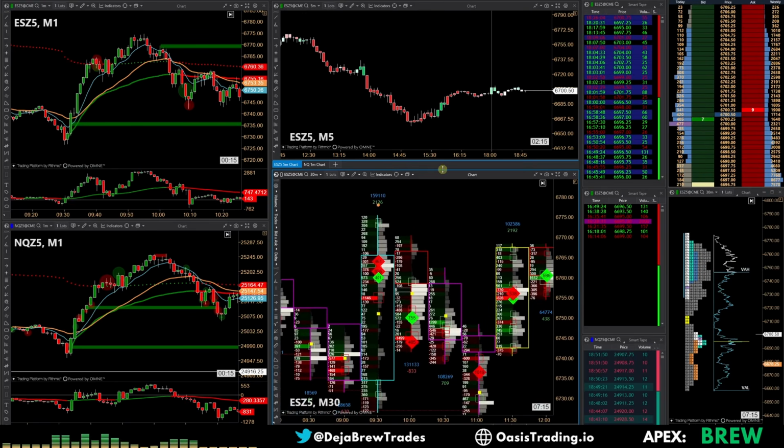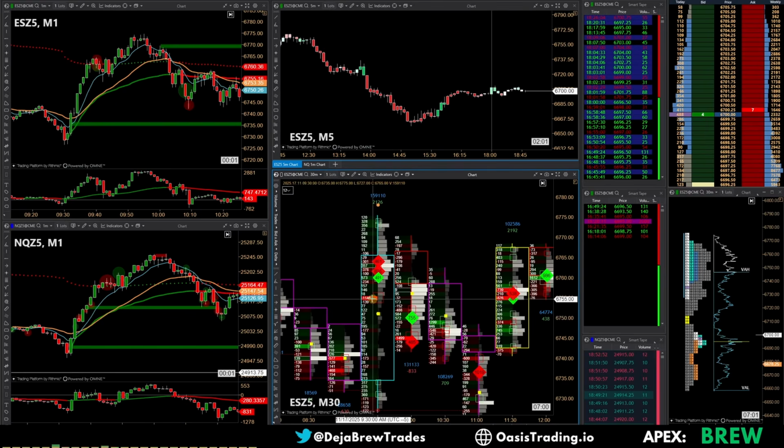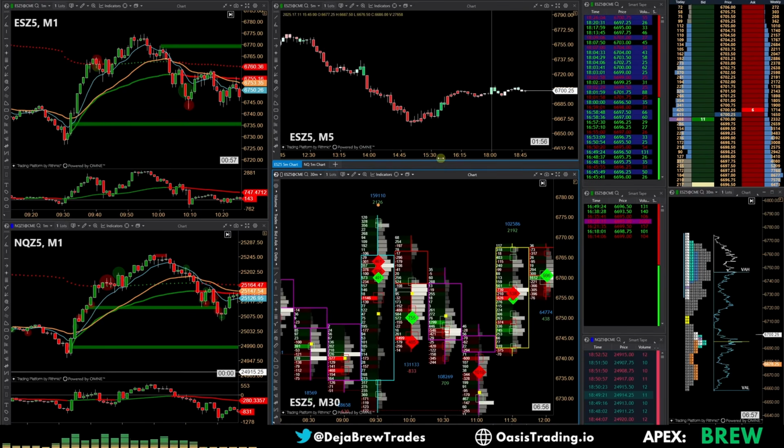Is it building up a major cluster, relatively speaking? For example, if we're seeing every tick have about 200 delta, 300 delta, but now we're seeing this massive cluster that has negative 1200 or negative 1000, that's obviously very important because relatively speaking, that is a very large cluster, okay?